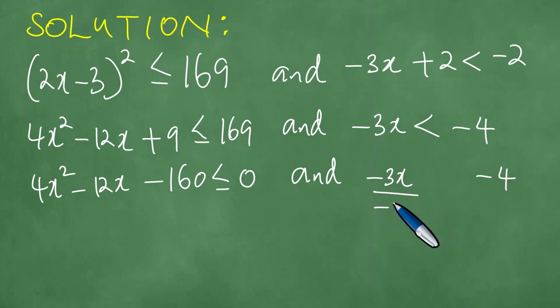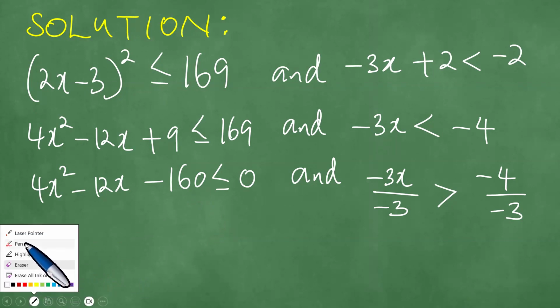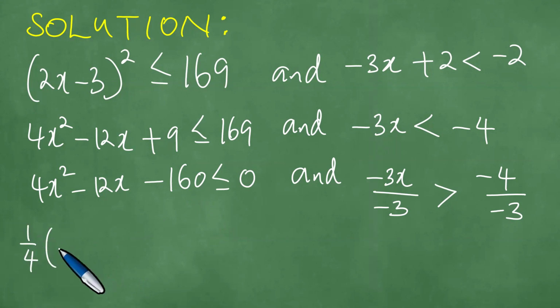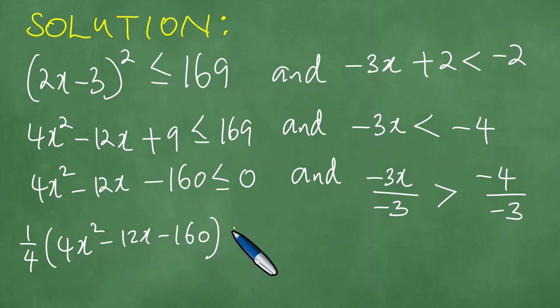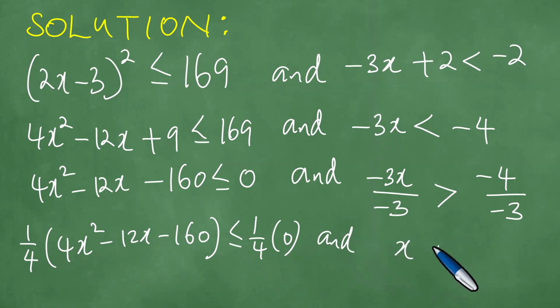If we divide by negative 3 to solve for x here, the inequality changes direction immediately, so x is bigger than 4 out of 3.